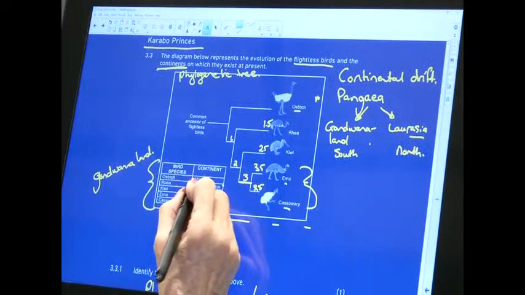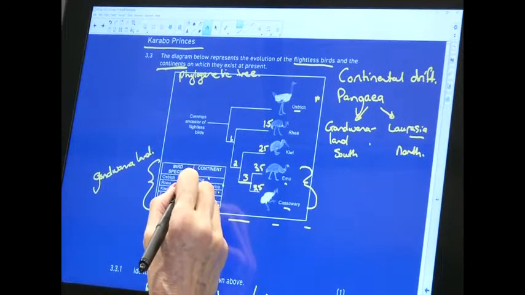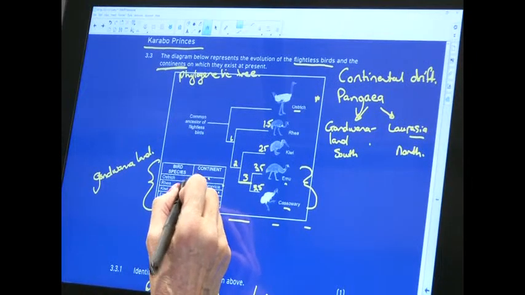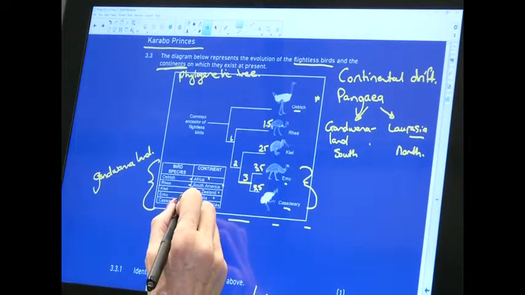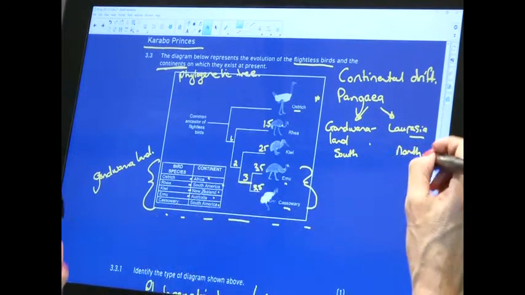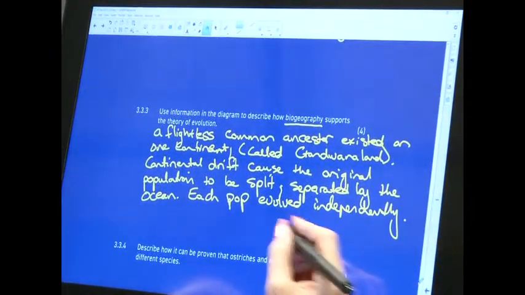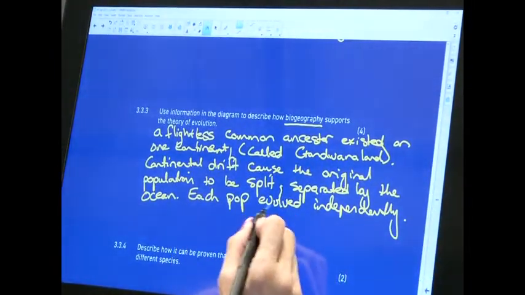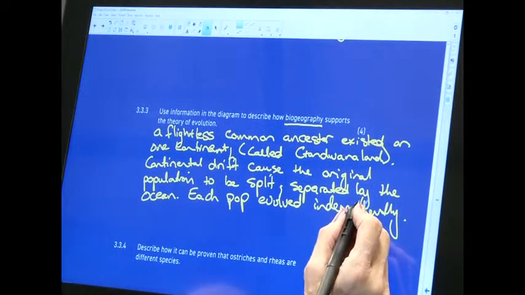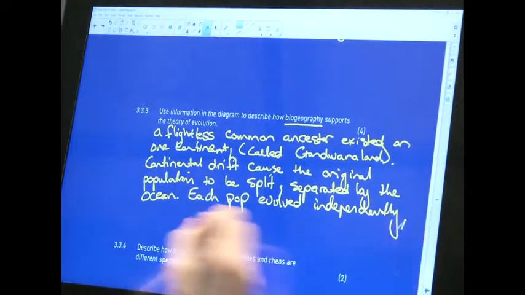Now, you must remember that the climates and the environmental conditions in Africa and South America and New Zealand and Australia are all different. So, what happens? I'm going to run out of space. Each population evolved independently.